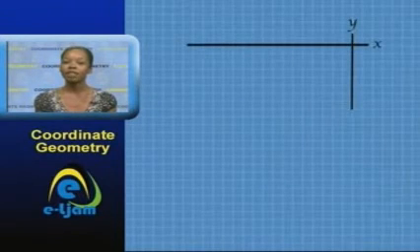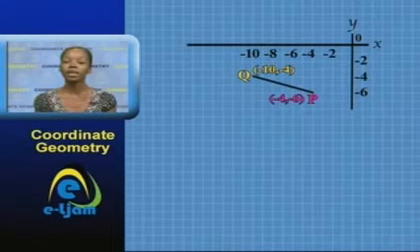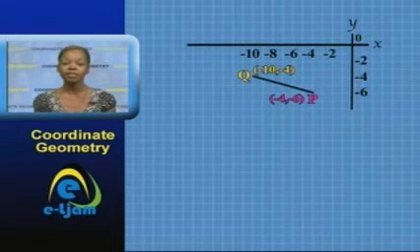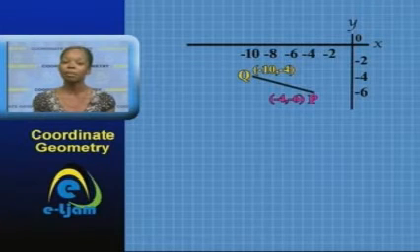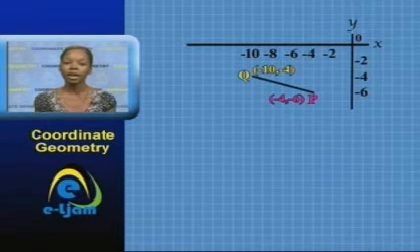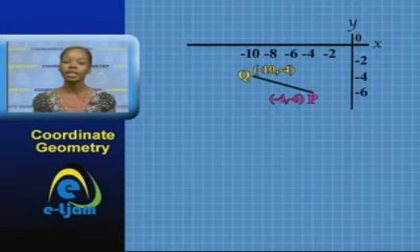Can you find the length of the line PQ with coordinates -4, -6 and -10, -4 respectively? Be careful with the negative numbers. Let x1 be equal to -4, x2 equal -10, y1 equal -6, and y2 equal -4.